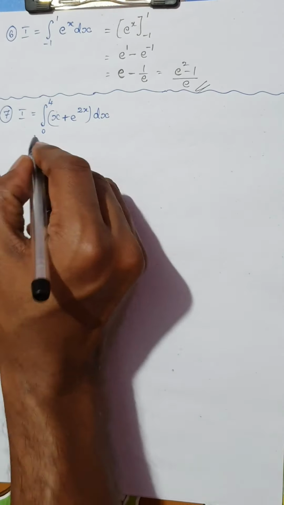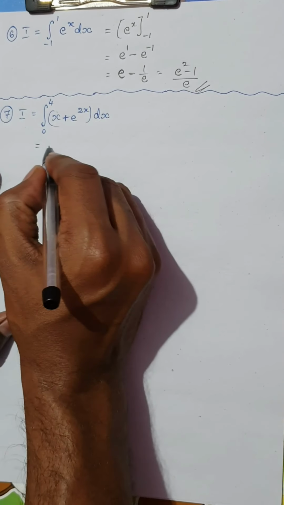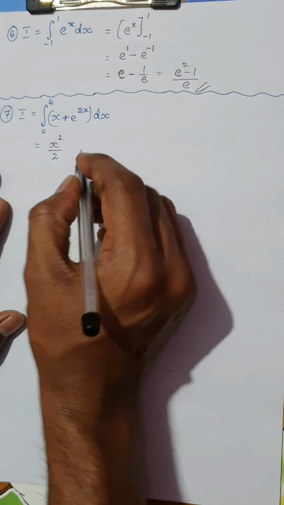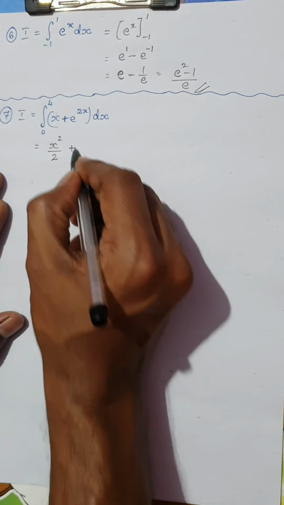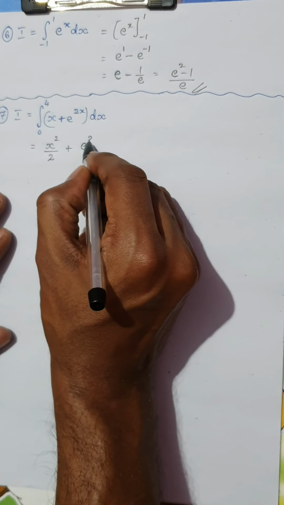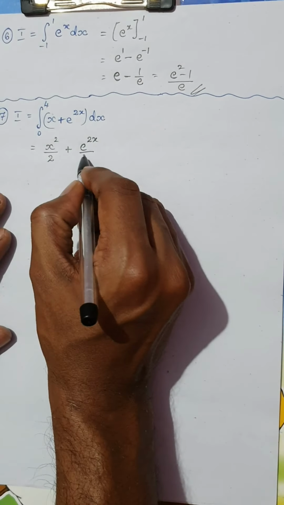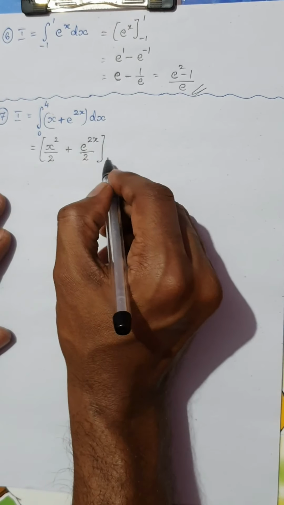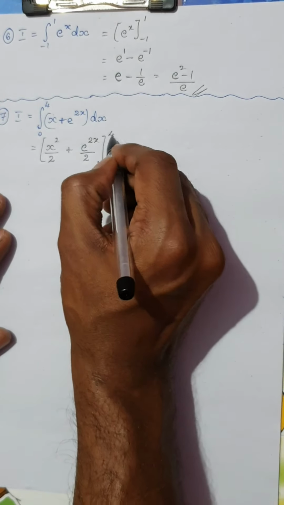What is the integral of x? We know the integral of x is x square divided by 2, plus, now what is the integral of e power ax? We know the integral of e power ax is e power ax divided by a. So this is integrated within the limit 0 to 4.